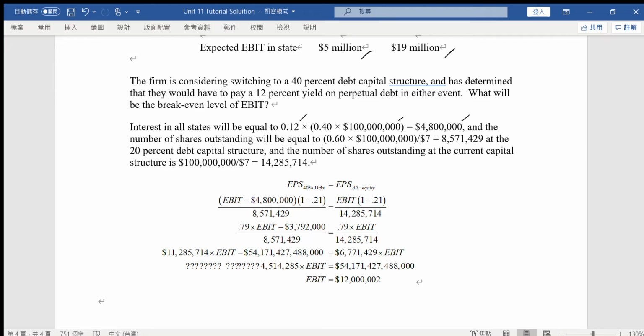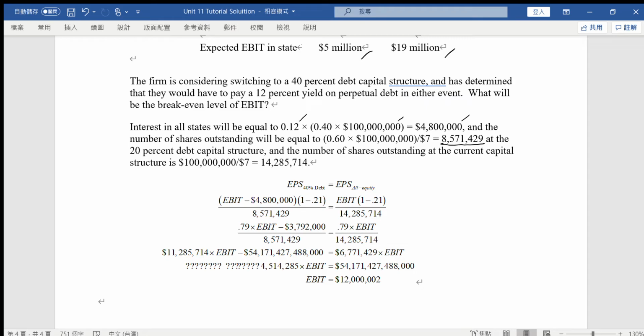And then the number of shares will also be reduced because it is not purely financed by equity only. Because of that, it will be reduced by 40%, and that will be just 60%. Each share is $7, and that's why the new capital structure will have 8,571,429 shares.